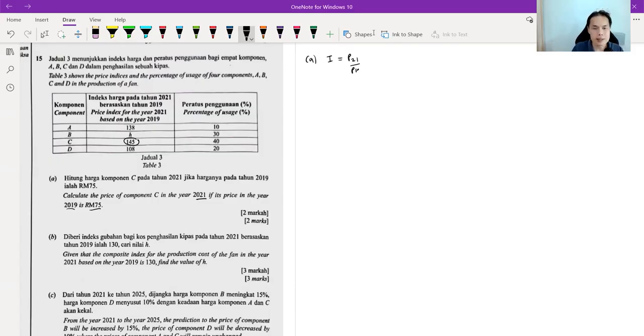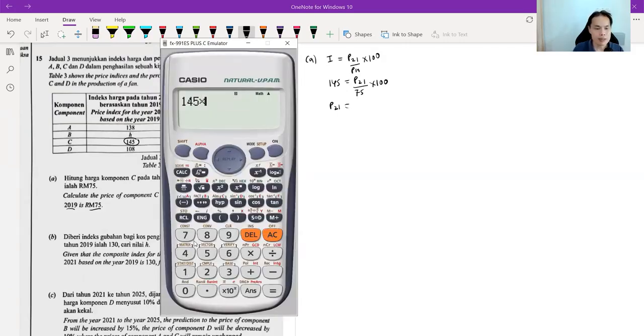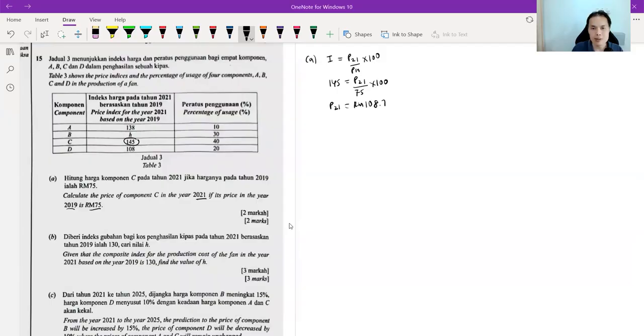Price in the base year is 75 ringgit. You multiply by 100. Very simple. Just multiply this over. So I'm going to use 145 times 75 divided by 100. So my price is RM108.75.